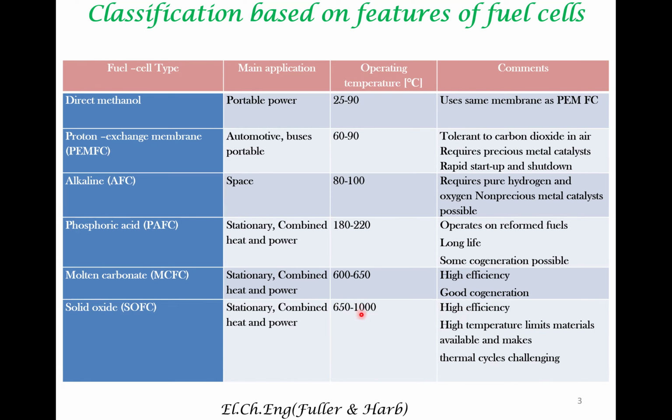At this temperature, if that water vapor is supplied to a turbine, then the turbine can give rise to power, right? So just like a typical thermal power plant, you can have two ways of generating power. One is electrical power directly from an SOFC, and also power from this water vapor that is available at a high temperature.